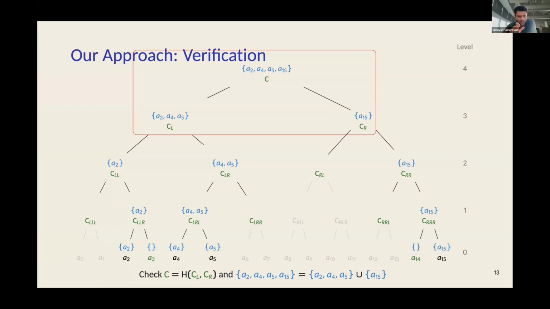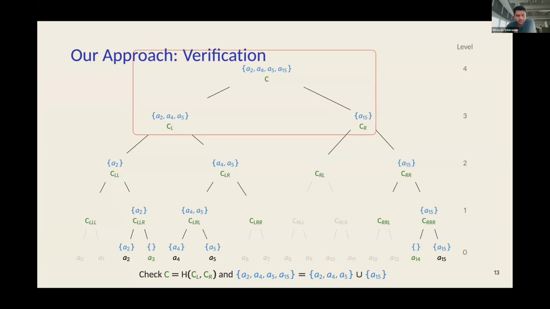These are the nodes from the root all the way to the leaves that are part of the batch. I'm going to iterate through an algorithm which looks at all the nodes from the root to the values A2, A4, A5, and A15.